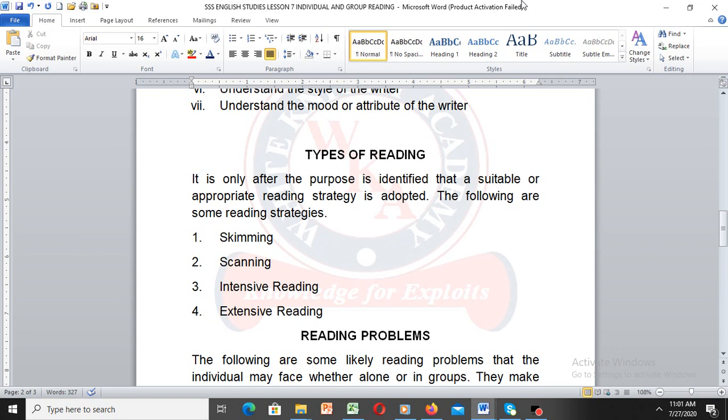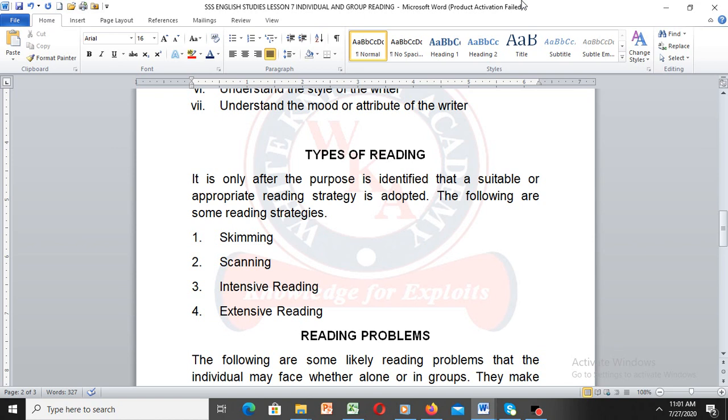Do you get that now? So in this type of reading, talking about scanning, is an activity that is on the lookout for a particular information. You are looking for a particular information, maybe about health, about education, about transportation, about examination, about anything. Now you read in detail to get a particular information. Is that clear?